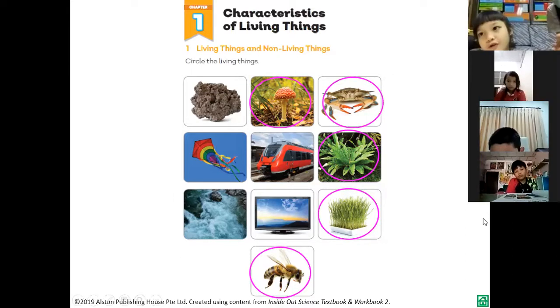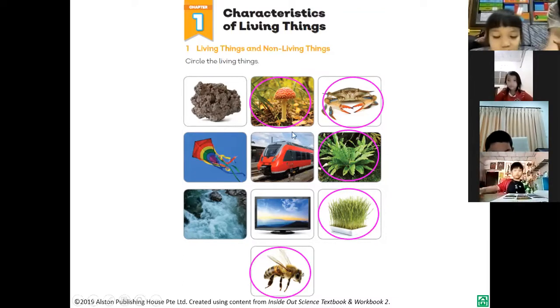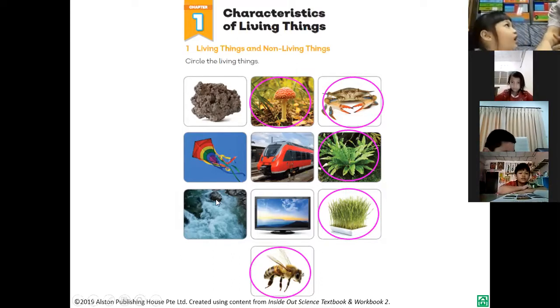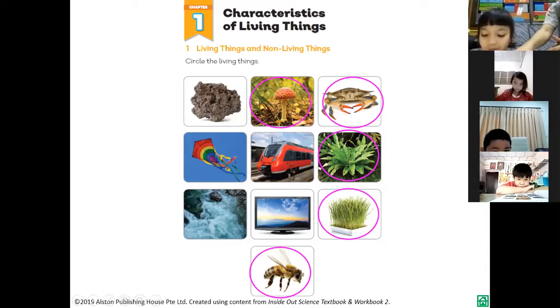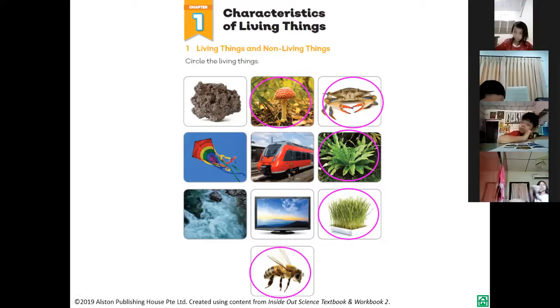A rock. What else? A kite. A train. A river. What else? TV. Very good.